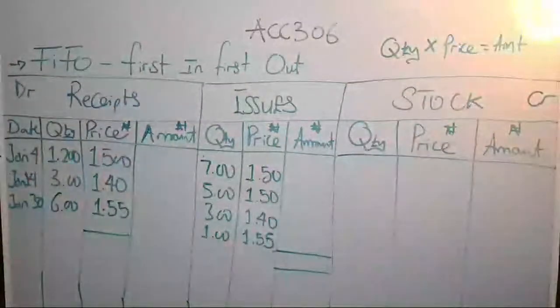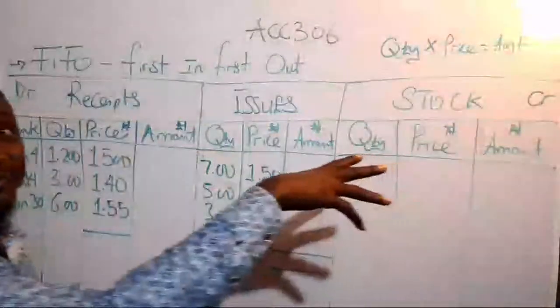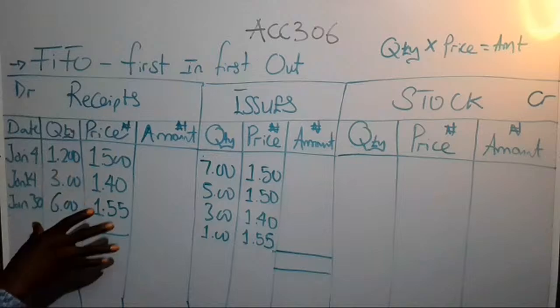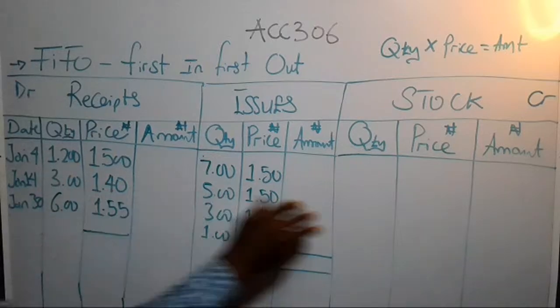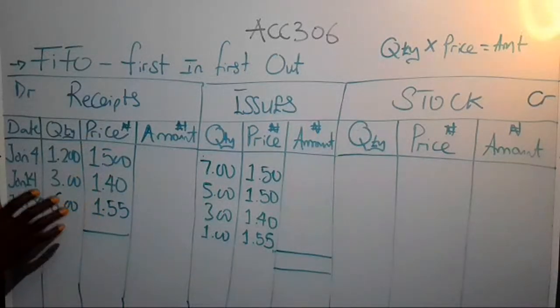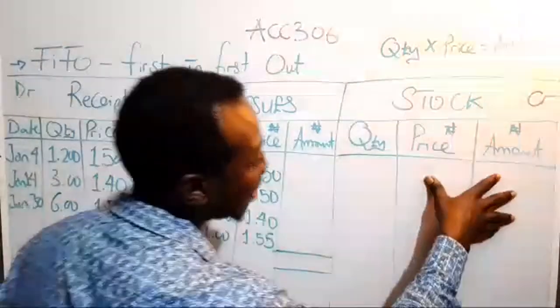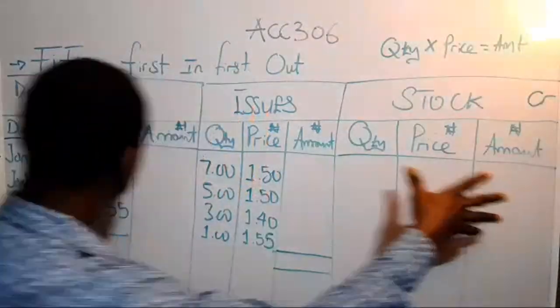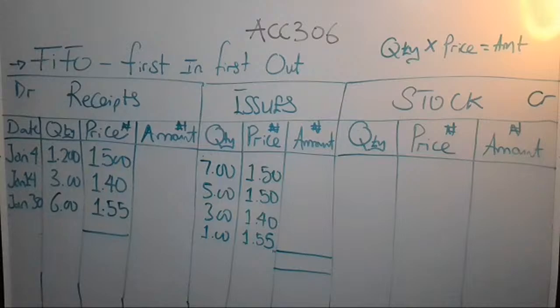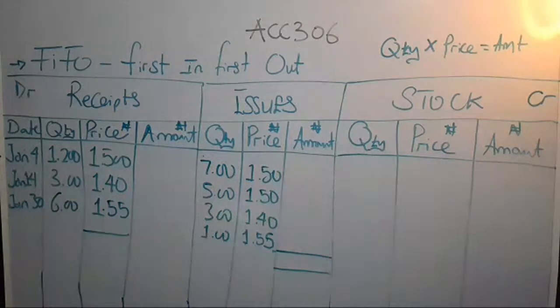But for Lifo, last in, meaning the stocks that went out last, all right, is coming to be the first out. So everything we have here will be here. In the case of Fifo, it's everything we have here that was transferred here. But in the case of Lifo, everything we have on the stock side, which on the credit side, is coming here. All right. And your balance here and here will be the same thing.